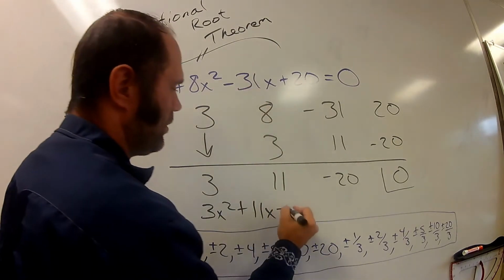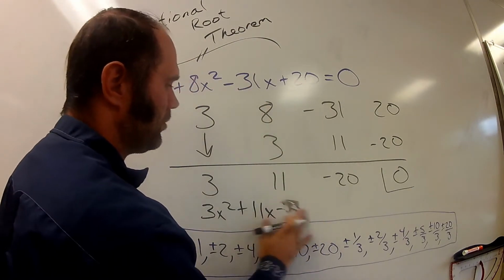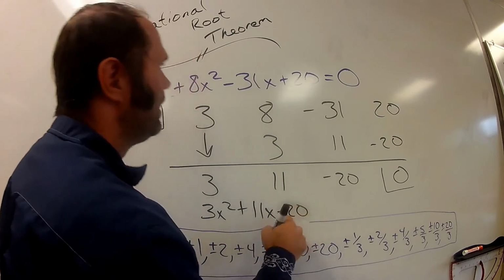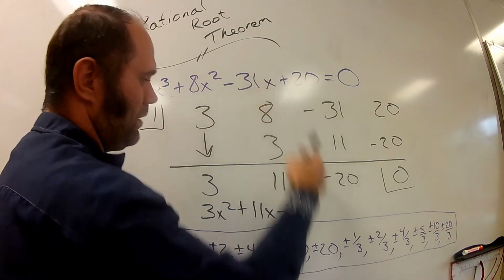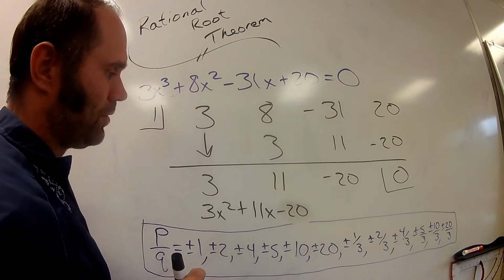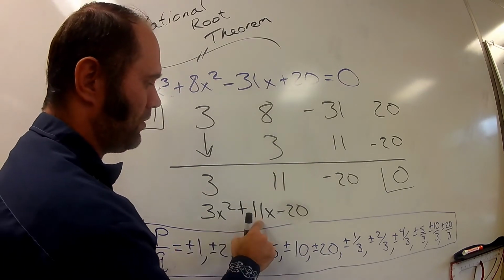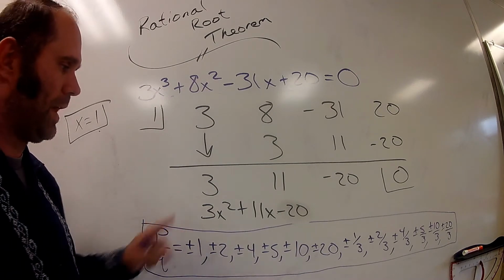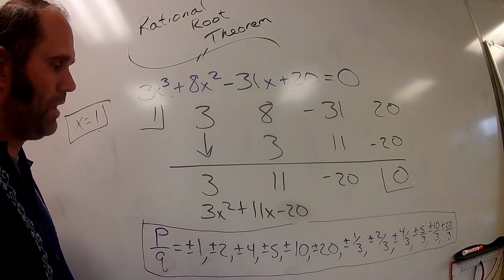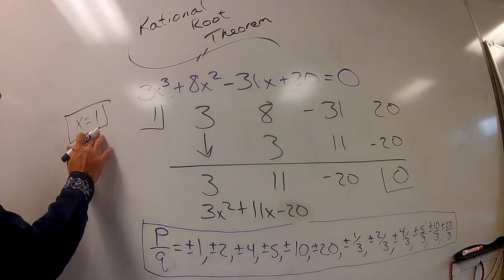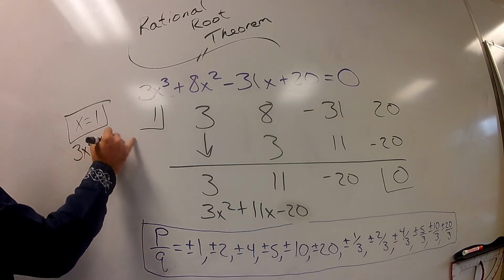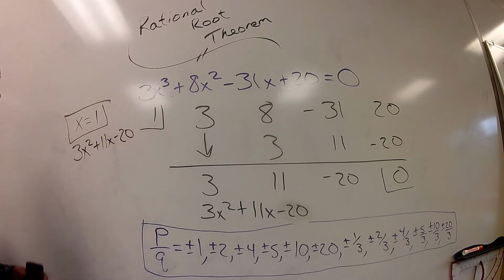And then minus 31, sorry, minus 20, because we're using that number, and it loses one of its x's. So we have 3x squared plus 11x minus 20. Now we can factor that. 3x squared plus 11x minus 20. So let's go ahead and write that down.